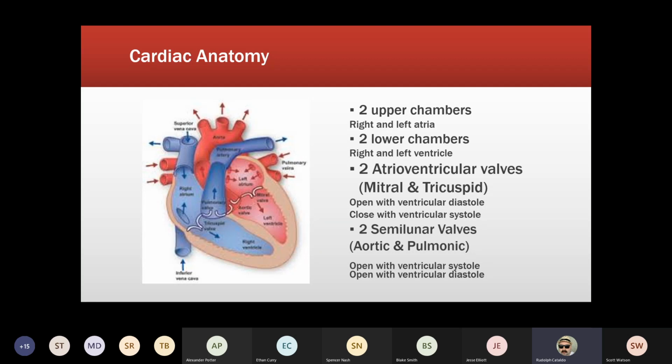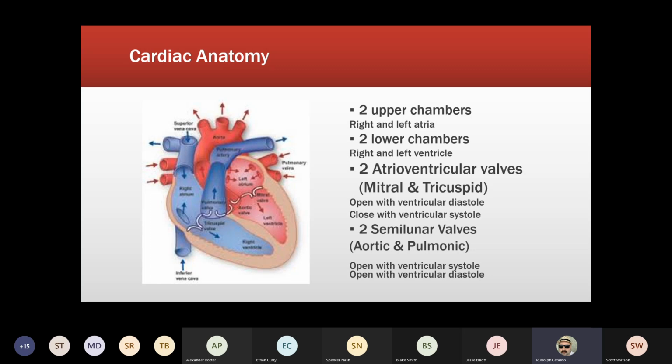Mitral is another term for bicuspid valve. Blood goes down into our ventricles, where it is built up under pressure. Remember, the farther the heart expands, the greater it's going to squeeze, kind of like a rubber band, until they pump blood to either the lungs or the rest of the body.